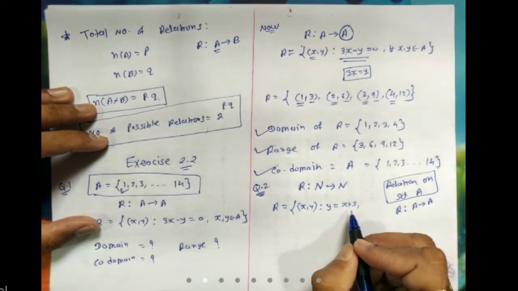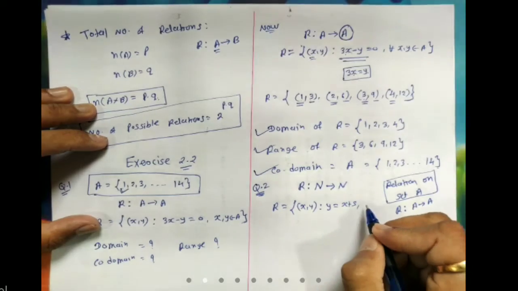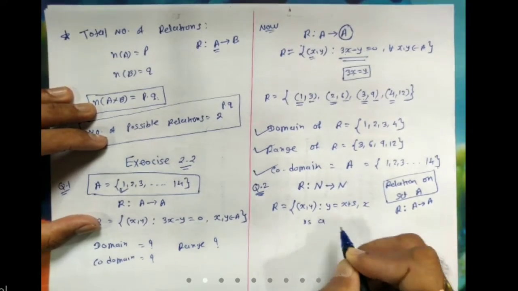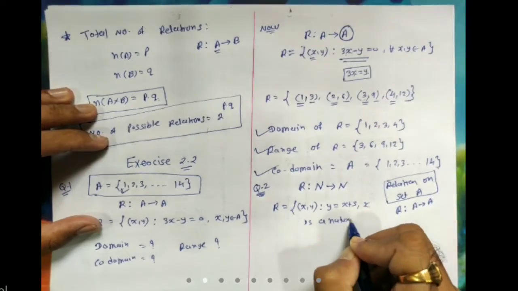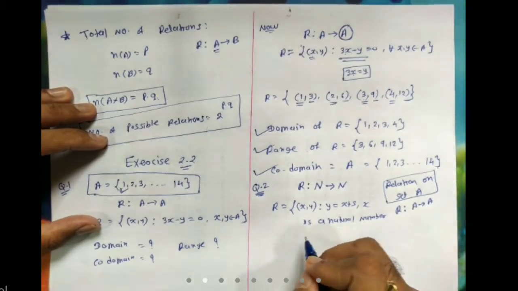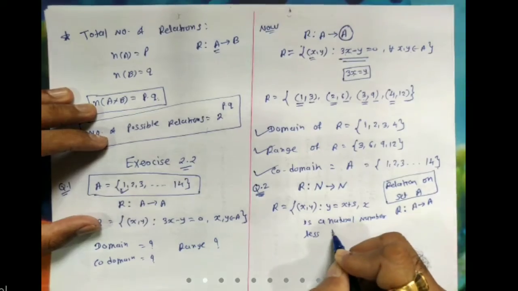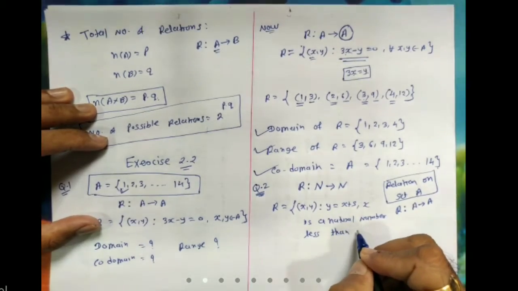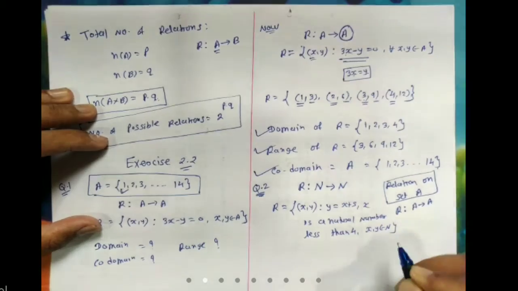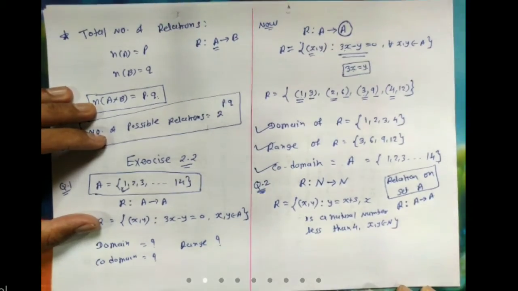The second element is 5 greater than the first element, where x is a natural number less than 4, and both x, y belong to natural numbers N. This is the description of relation R.